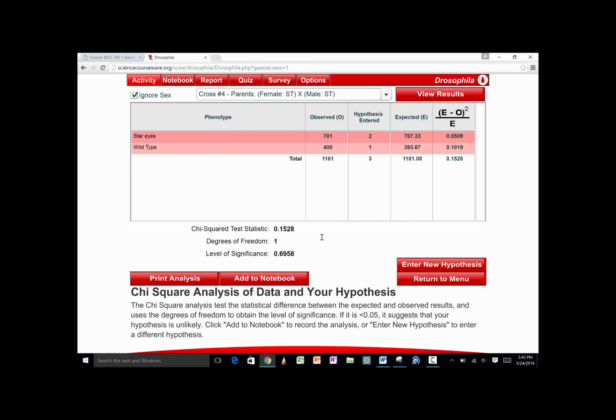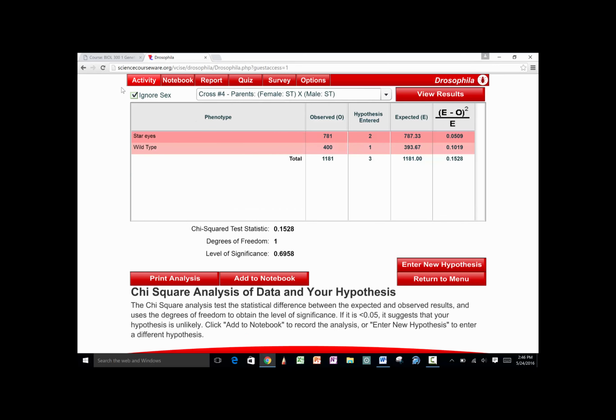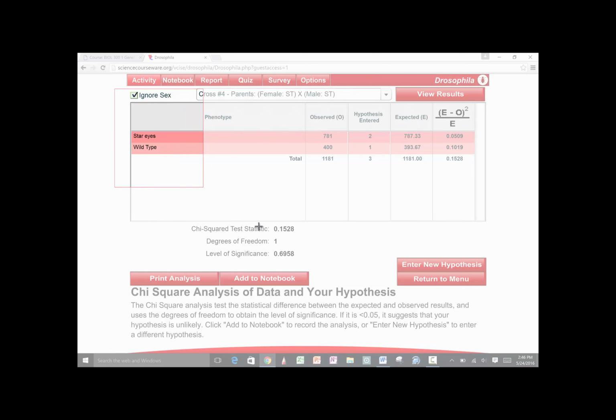That looks good. So now we got a low chi-square value and a high level of significance, way over 0.05. So that means that we accept our hypothesis that this is a 2-to-1 ratio and that it's a lethal allele.